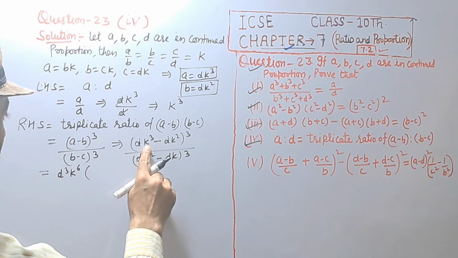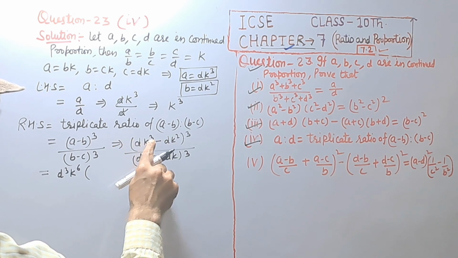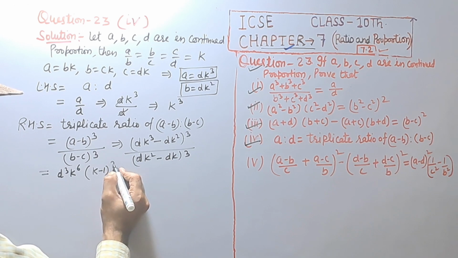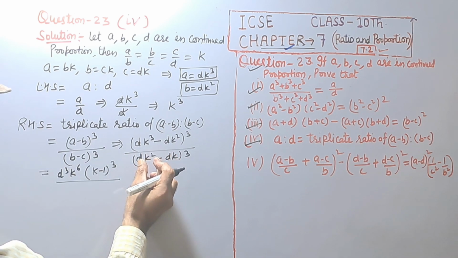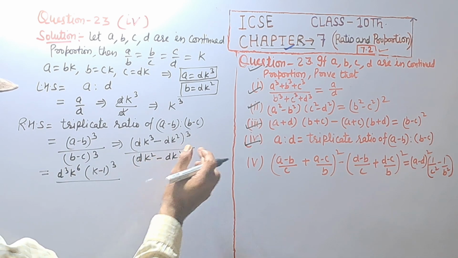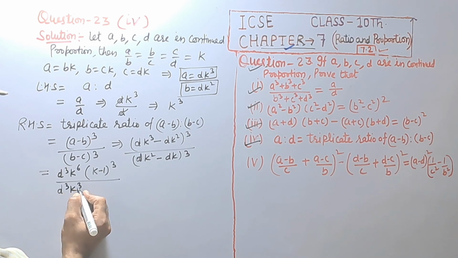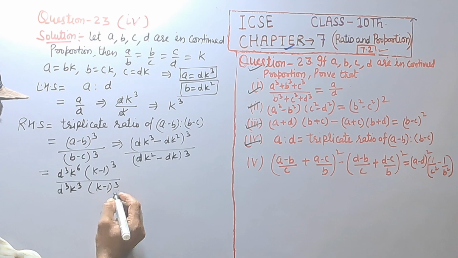In bracket, k minus 1 whole raised to power 3, divided by dk is common, dk raised to power 3, this will be d raised to power 3 and k raised to power 3, and in bracket k minus 1 raised to power 3.